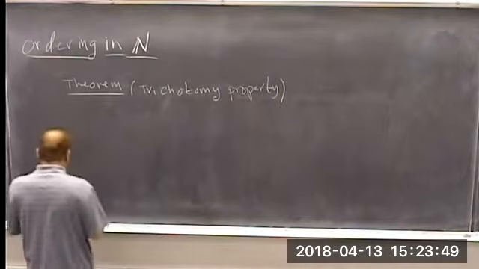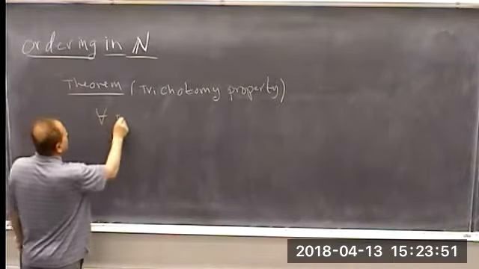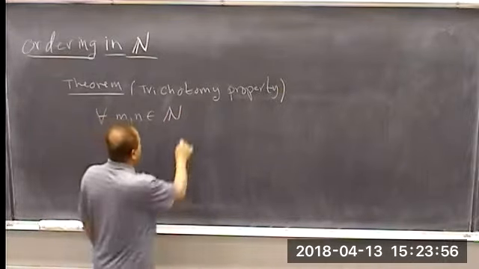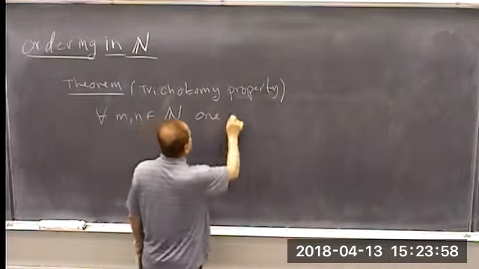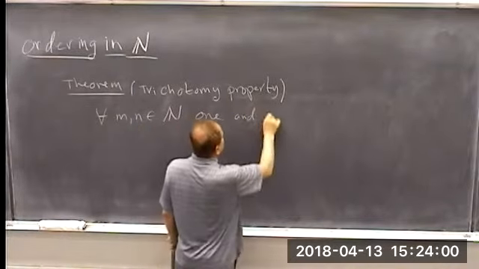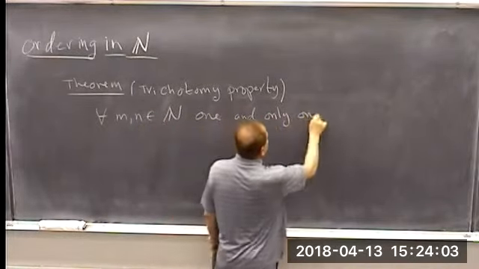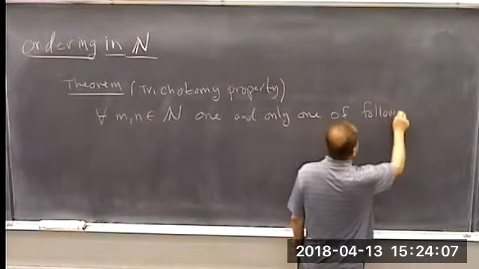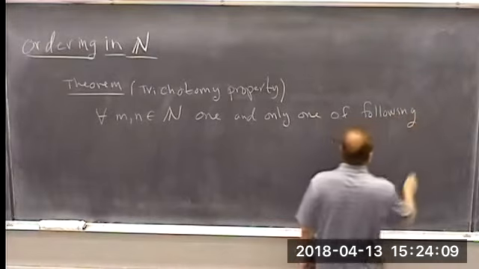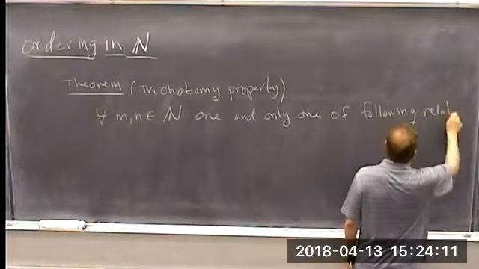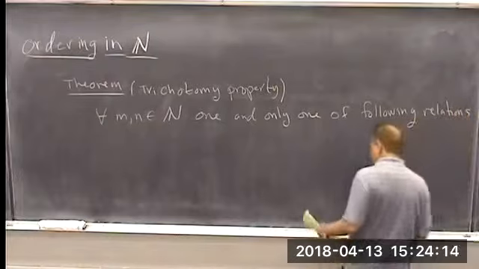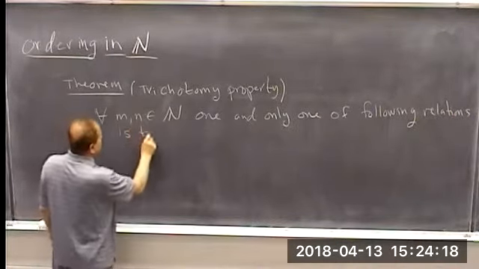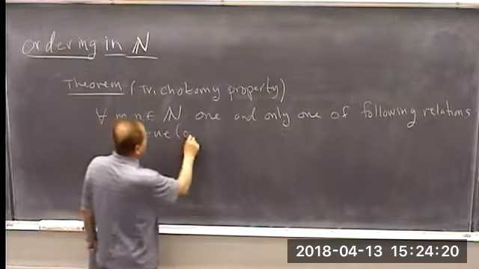And it says that for any m, n in N, one and only one of the following relations is true, or holds.